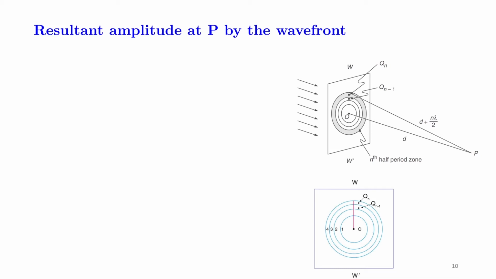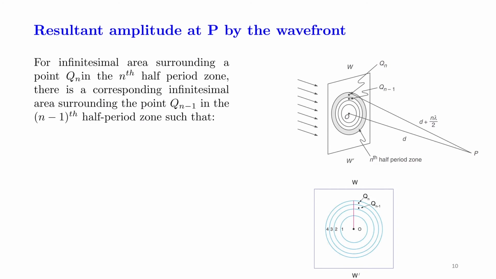We have constructed the half-period zones on the wavefront W W dash, and we are to find out the effect of all these half-period zones at point P. For an infinitesimal area surrounding a point Qn in the nth half-period zone, there is a corresponding infinitesimal area surrounding the point Qn-1 in the n-1th half-period zone, such that the path difference QnP minus Qn-1P is equal to lambda over 2.